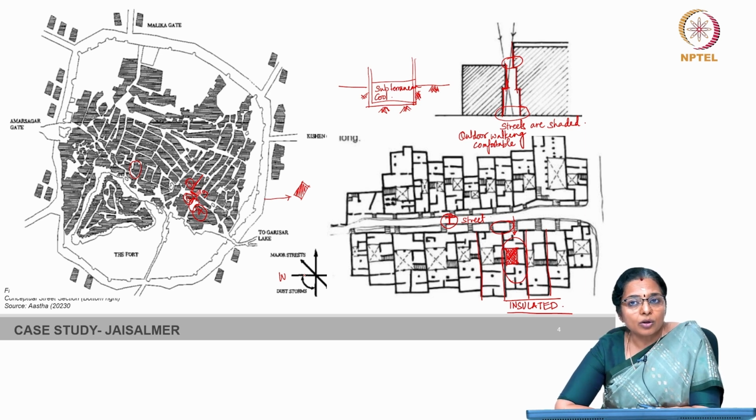The city, including the king's palace, is constructed only with stone, and therefore stone which has very high thermal mass also helps and protects the indoors from the harsh environment. Hence, Jaisalmer is a very good example of how appropriate planning principles can help in achieving passive design.